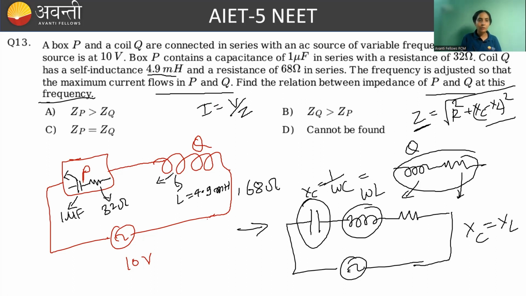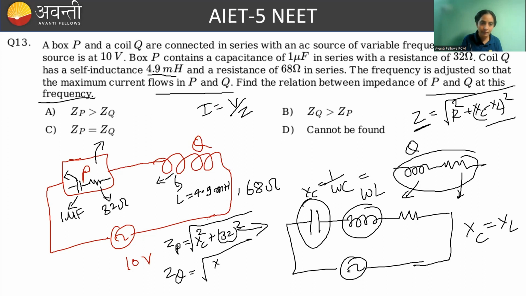Now we are talking about the impedance of P and Q. So what will be the value of the impedance of P? If you write the impedance of P, how will you write it? ZP you will write as the square root of XC square plus 32 square. And what will be ZQ?